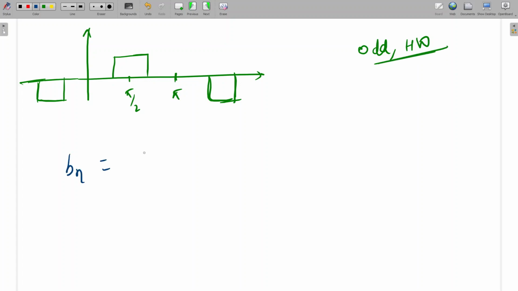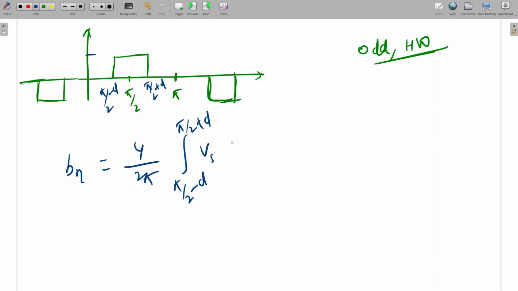Bn is equal to 4 by 2 pi, and 0 to pi. So 0 to pi means here we can directly apply for this section only. It will be pi by 2 minus d and pi by 2 plus d, and this is Vs. So Vs sin nt dt. Is it clear?